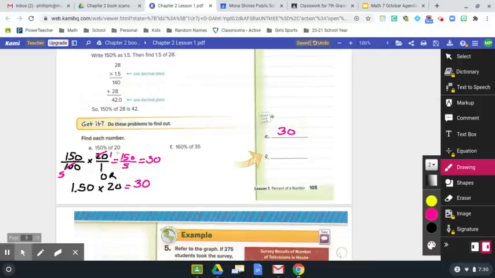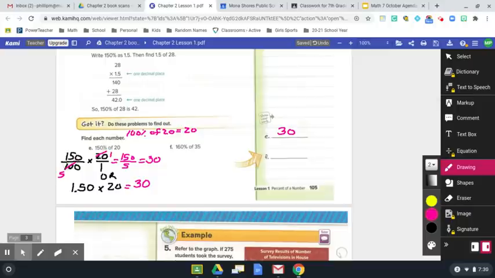So I want you to think about some mental math with this as well. So instead of going through the process of the fraction or the decimal form and showing the work, think about what 100% of 20 is. So 100% of 20. Well, wouldn't that be 20, right?